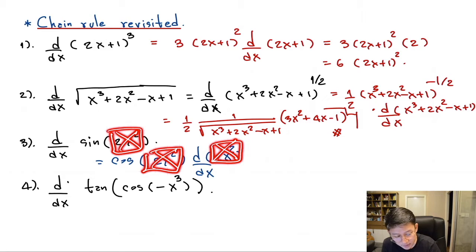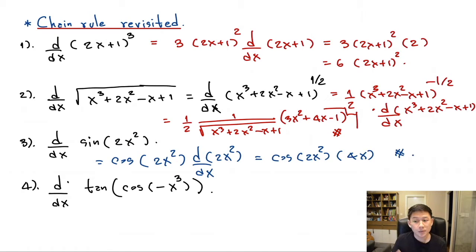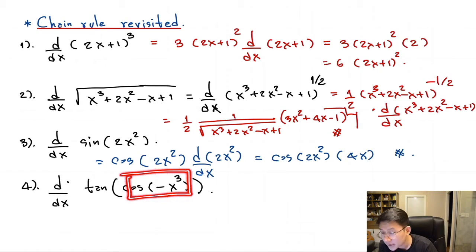In that case, this becomes cos of 2x squared times 4x, and that's it. See, we don't need u and w anymore. Clear? And similarly here, I'll look at this guy as a big X.